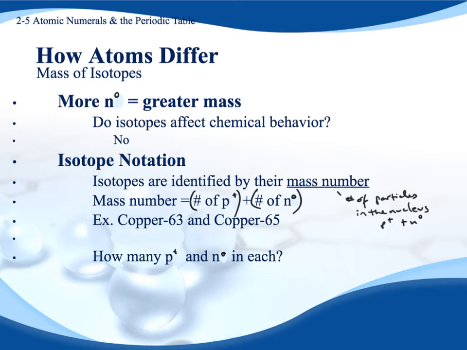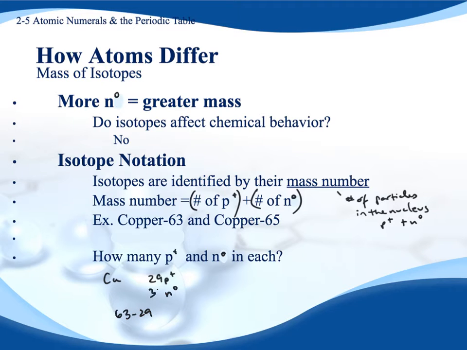Copper 63: if you find copper on the periodic table, it's element 29, with the symbol Cu. It has 29 protons. So if this version has 63 as its mass number, which is the protons plus the neutrons, you can figure out how many neutrons are in it simply by taking 63 minus 29. 63 minus 29 is 34.